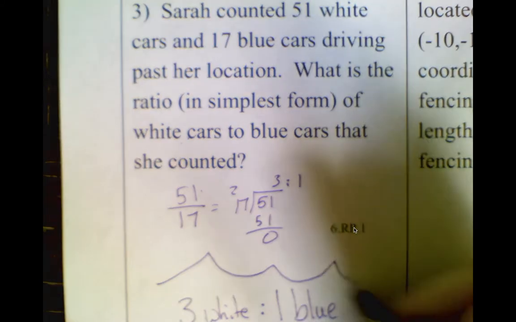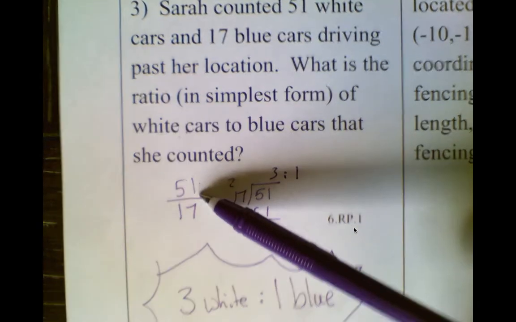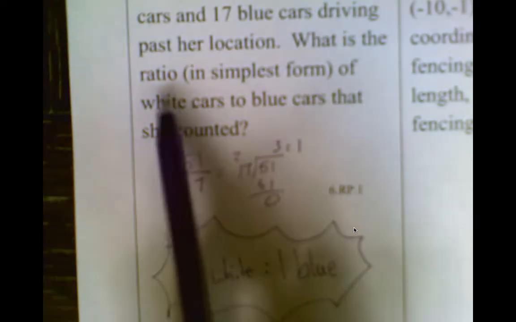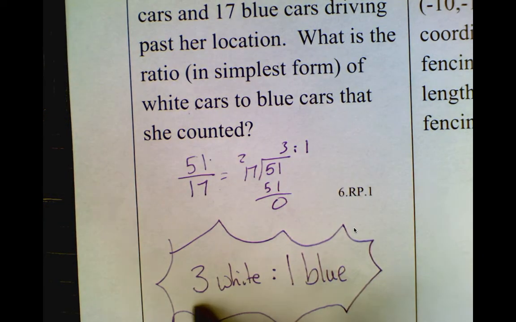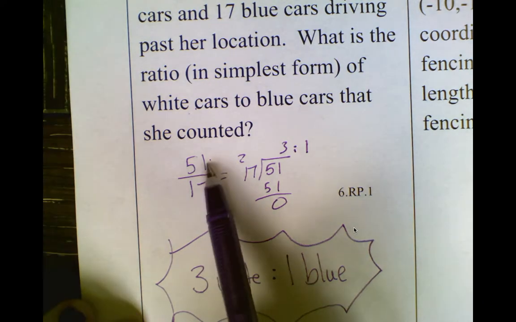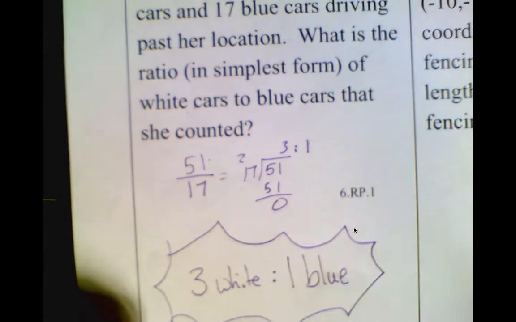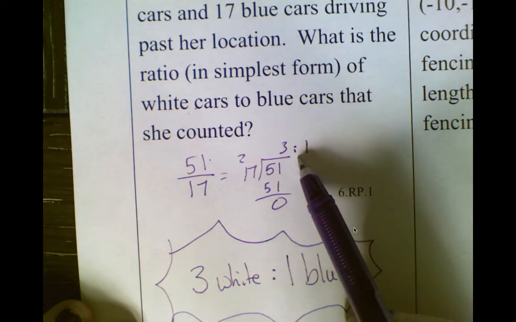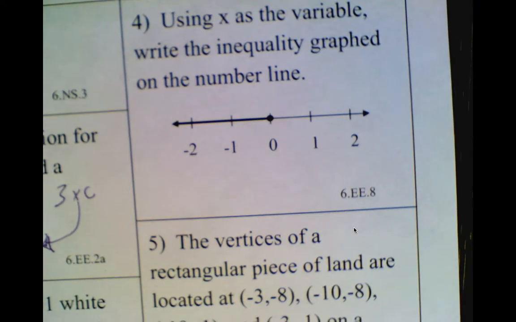And if you're simplifying it down, because they asked what is the ratio, so this is the ratio, or this is another way you can write it, how many white cars to blue cars, and they want it simplified down, so we just put it as a fraction, then we divided it out, and that's technically saying for every 3 white cars you're going to see 1 blue car.